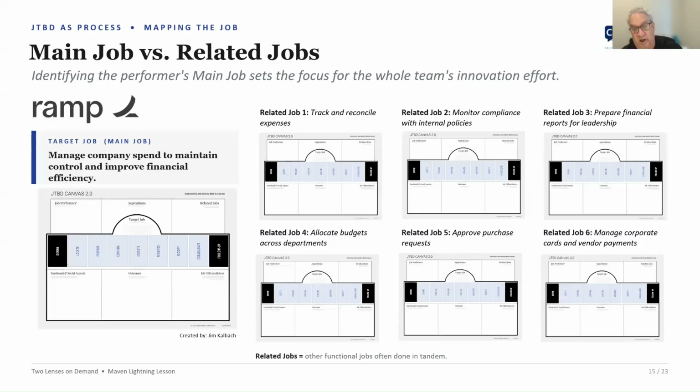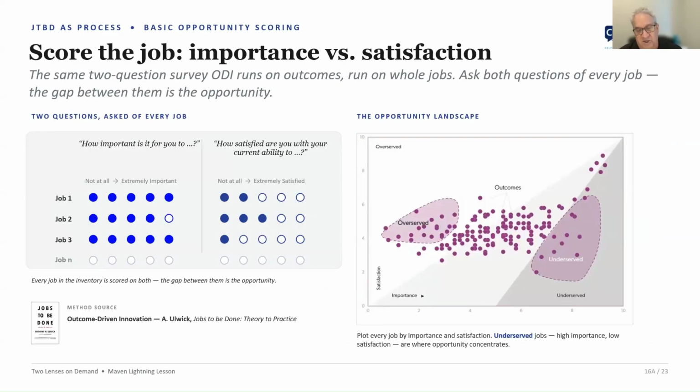We've got this inventory of things people do as part of their daily work or weekly work or monthly closing or annual close or whatever. And we're trying to get the essence of degree of importance to individuals. And then we're in parallel asking, how satisfied are you with your current ability to perform?